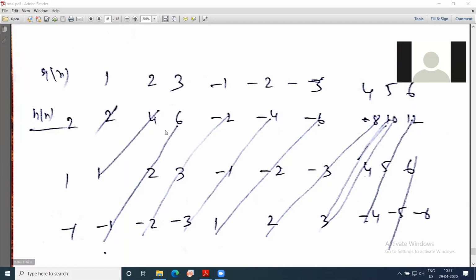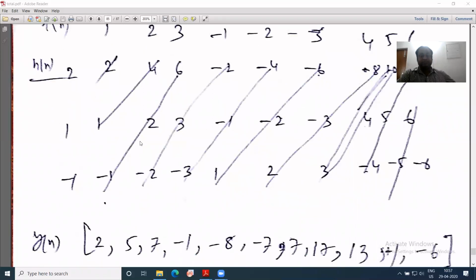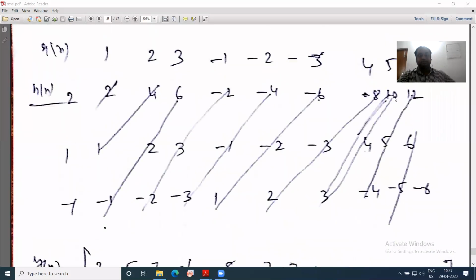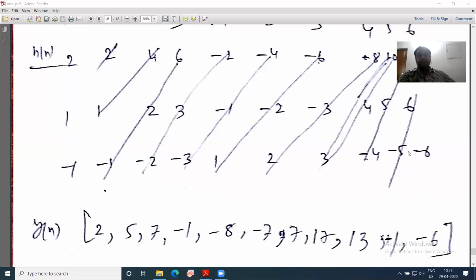Now this is 2, this is 5, then this is again 7, then if you calculate, this will be minus 1, this will be minus 8, this will be minus 7, this will be plus 7, then this will be 17, this will be 13 here, then 6 minus 5, this is plus 1, and this is minus 6.